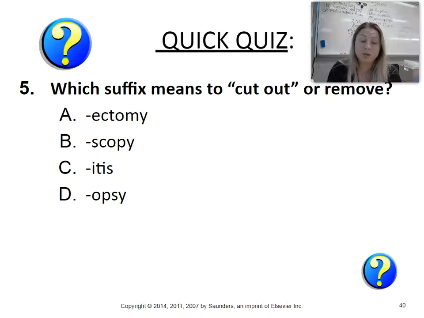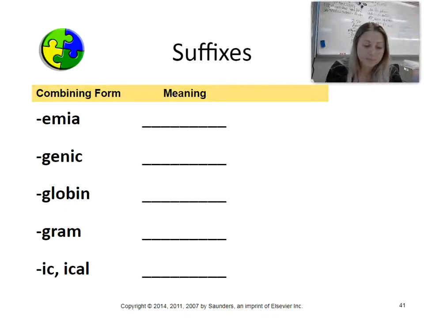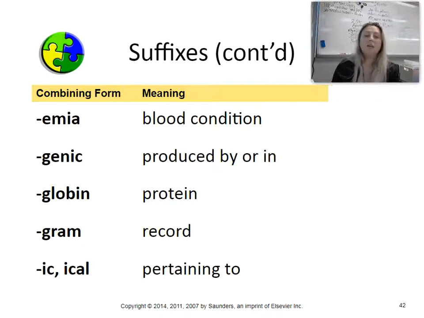Actually, scopy is to look through a scope. Opsy is to visually examine. All right. Emia. Blood condition. Like leukemia. It's a blood condition referring to your white blood cells.